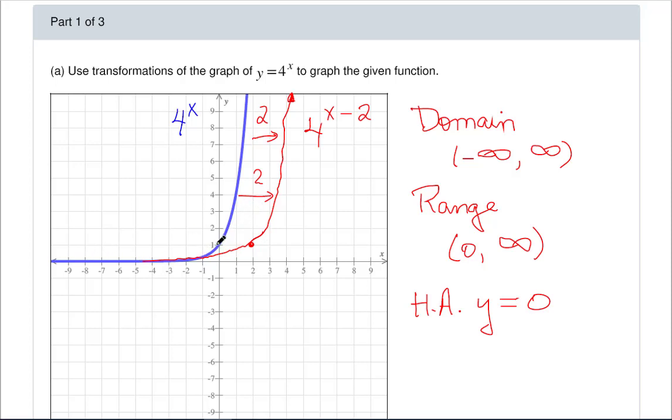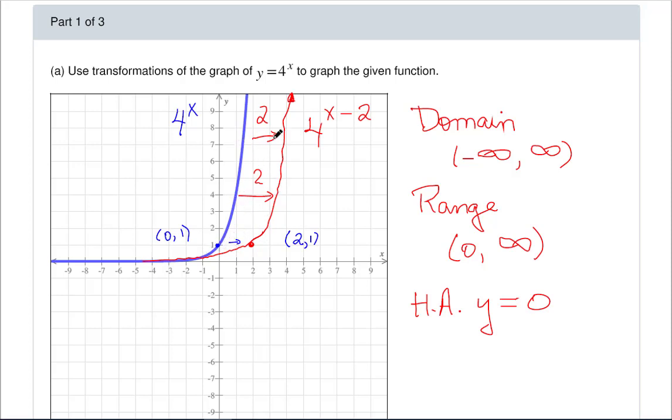Alright, so here was where it used to be at 0, 1. If that shifts over by 2, that's now located at the point 2, 1, whereas before it was located at 0, 1. So it got moved as well.